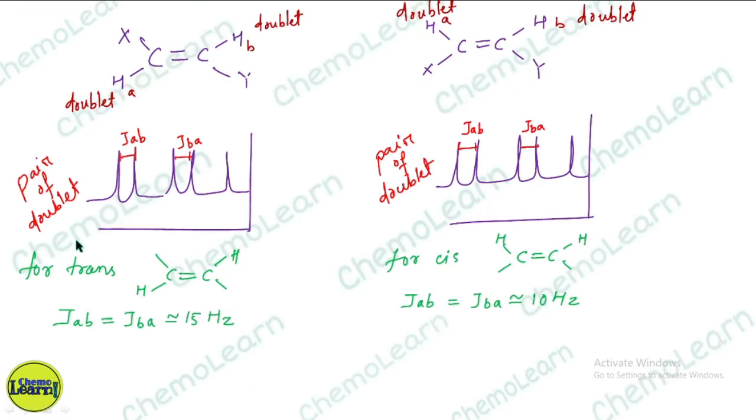Okay. But in trans position for the two hydrogen atoms, J AB is roughly equal to 15 Hz. Whereas for cis configuration we can get a pair of doublets where J AB is roughly equal to 10 Hz.